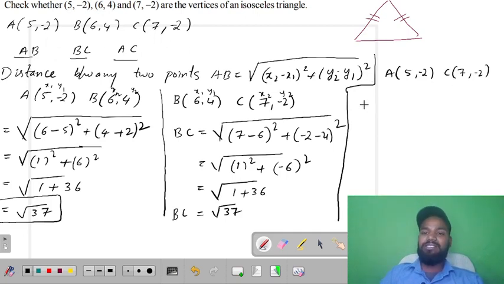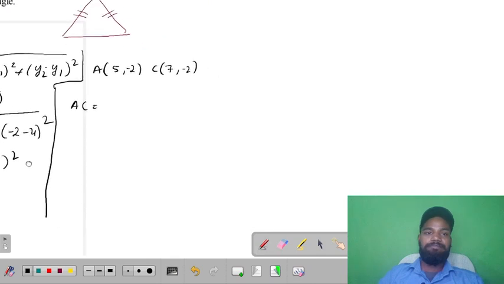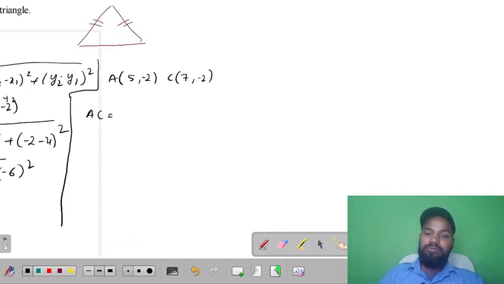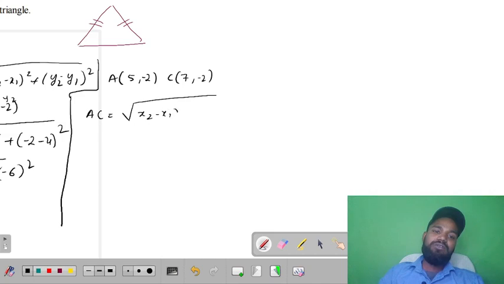We should find the AC distance. What is the formula? Under root (x2 minus x1) whole square plus (y2 minus y1) whole square. This is the standard formula, so here we have x1, y1, x2, y2.